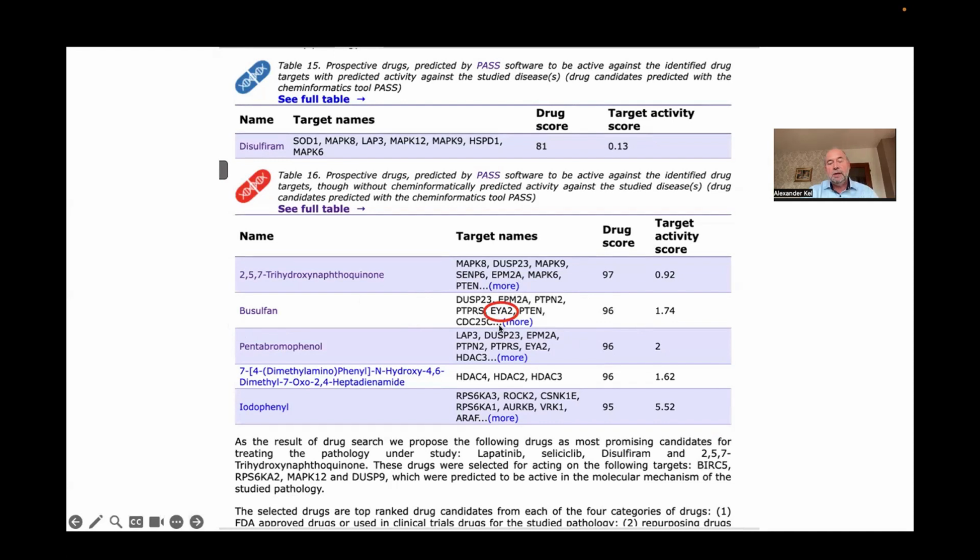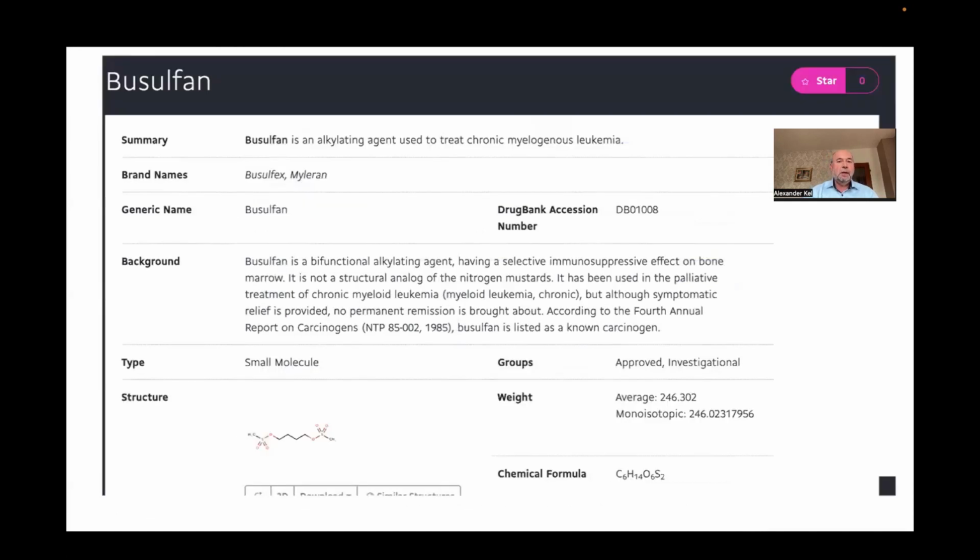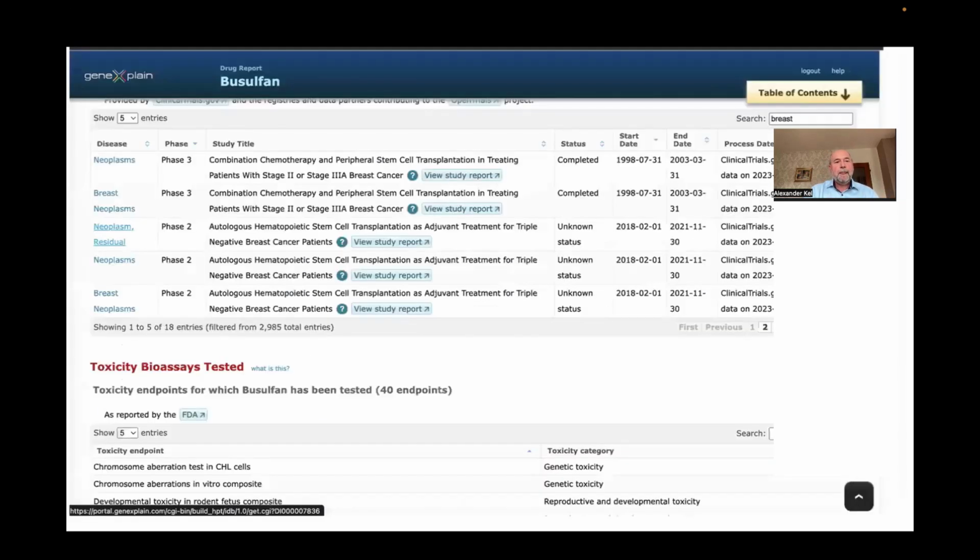Among them also this gene we were considering just a moment ago. And busulfan is a very old drug for treating leukemia, and it's also used for many years for treating various cancers, although it's pretty toxic, I must say. That's why nowadays it's substituted by more modern drugs. But as you see, the prediction was done completely unbiasedly, and this drug pops up.